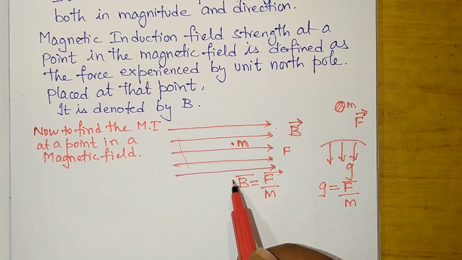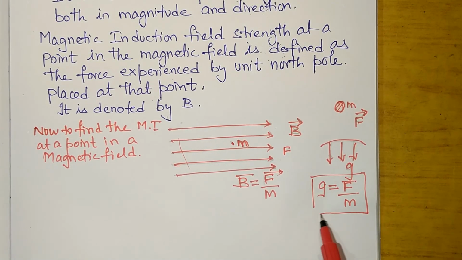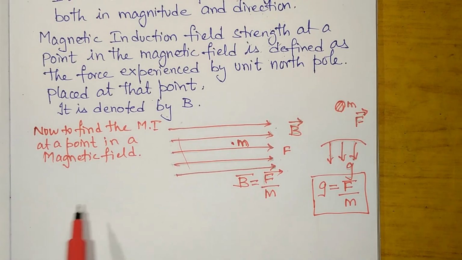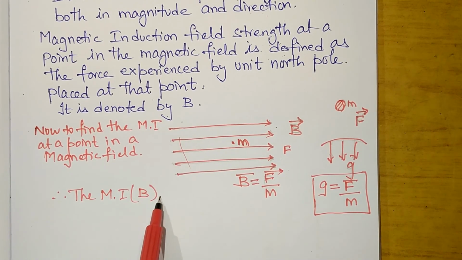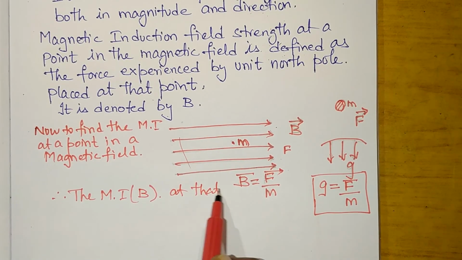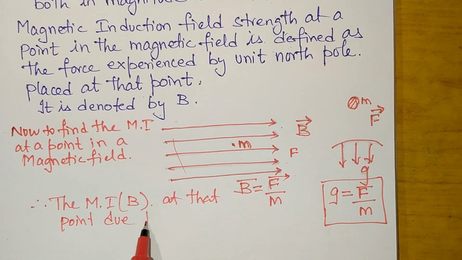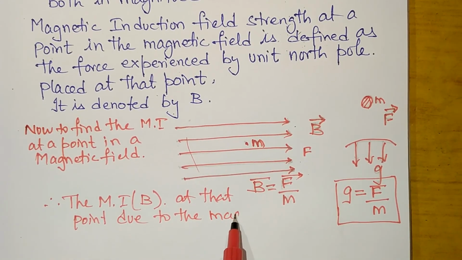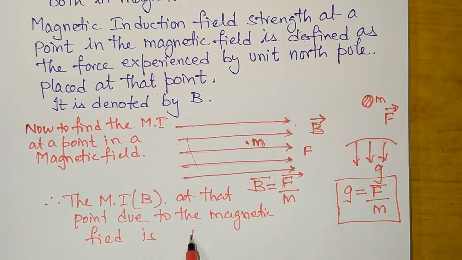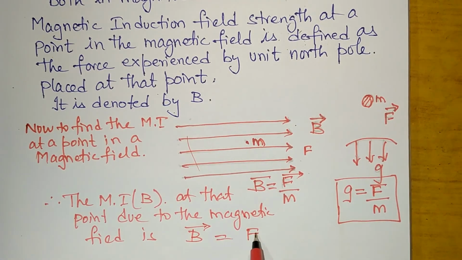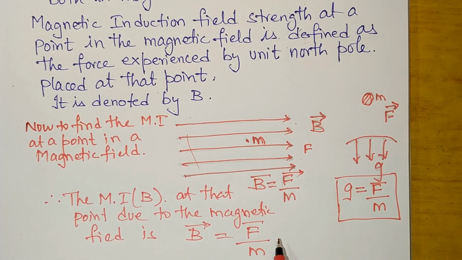Therefore, the magnetic induction B is given by the formula F by M, similar to G is equal to F by M. Therefore, the magnetic induction B at that point due to the magnetic field is equal to force by the pole strength.